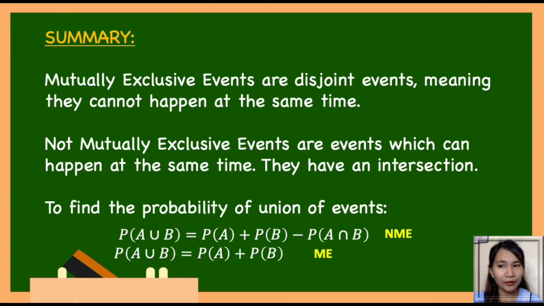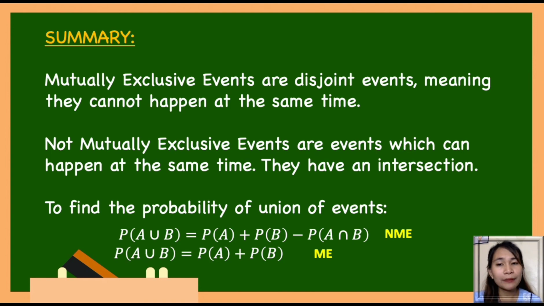As a summary, mutually exclusive events are disjoint events, meaning they cannot happen at the same time. They don't have an intersection. Not mutually exclusive events are events which can happen at the same time, so they have an intersection.